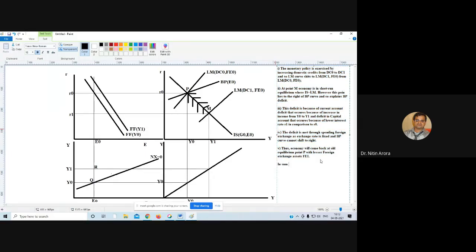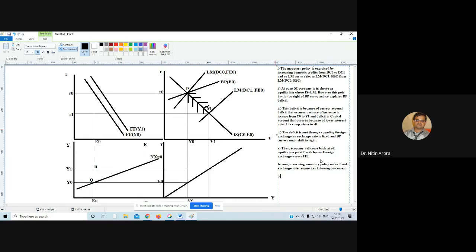In sum, exercising monetary policy under fixed exchange rate regime has following outcomes.